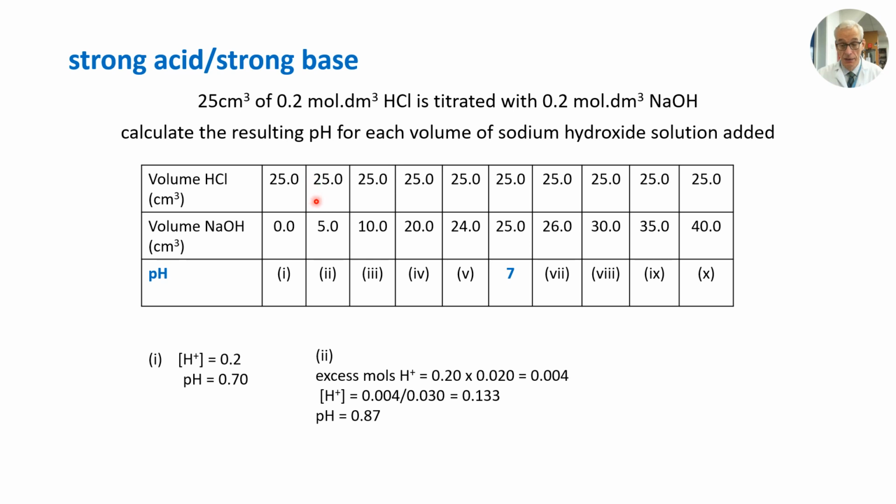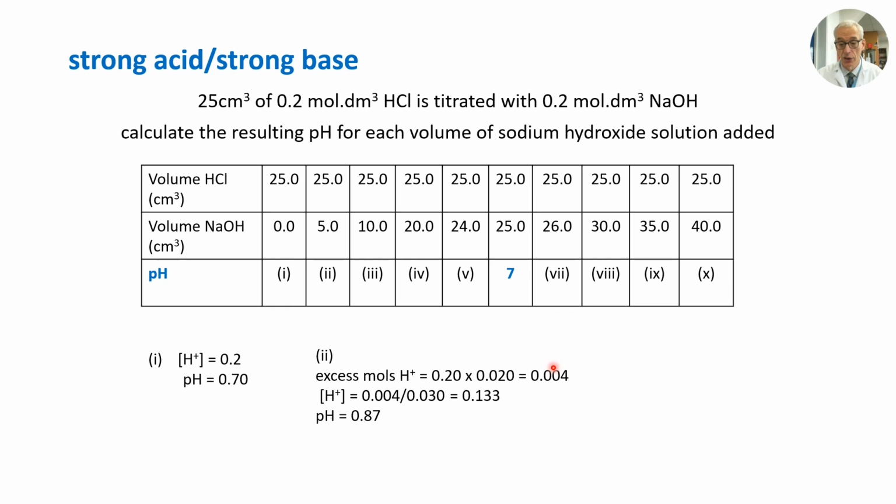So the simplest way of carrying out this calculation is to say we have an excess of 20 centimeters cubed of hydrochloric acid at 0.2 moles per decimeter cubed, which tells us the excess moles is 0.004. So I have said in my method that the addition of 5 centimeters cubed of sodium hydroxide neutralizes 5 centimeters cubed of hydrochloric acid as they're at the same concentration. So I'm left with 20 centimeters cubed at 0.2, which gives us that number of moles.